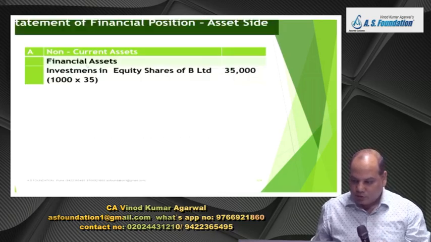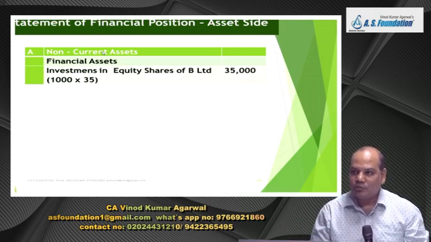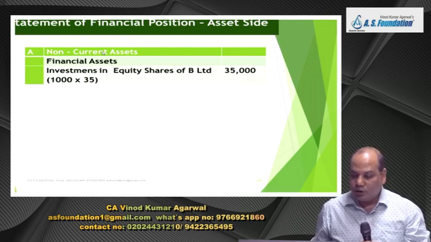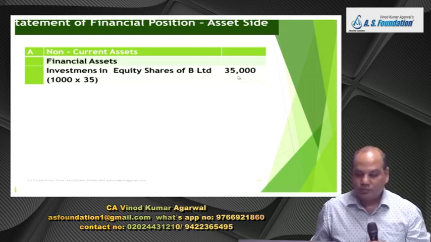And in balance sheet, non-current asset. If equity instrument is FVT OCI category, normally it is for a long term strategic investment. Then you put it in non-current asset, financial asset, investment in equity share of B Limited, 35,000 will appear. Right?